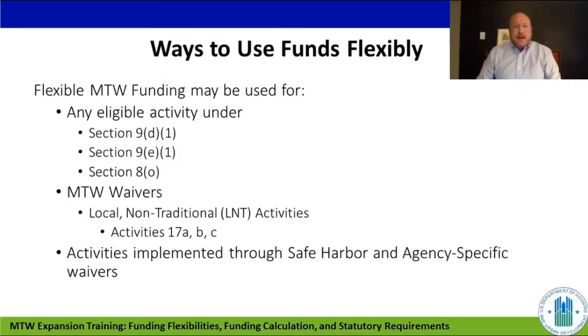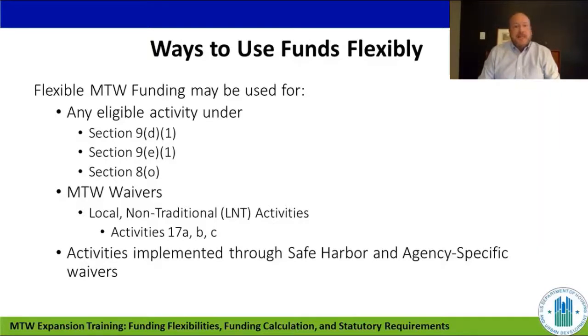Now, what are the ways that you can use your funding flexibility? It can be used for a wide range of issues. And really, we say at a high level, it should be used for targeting whatever your local needs are at your housing authority, in your community, needs that you're seeing your residents facing, and even operating your housing authority.